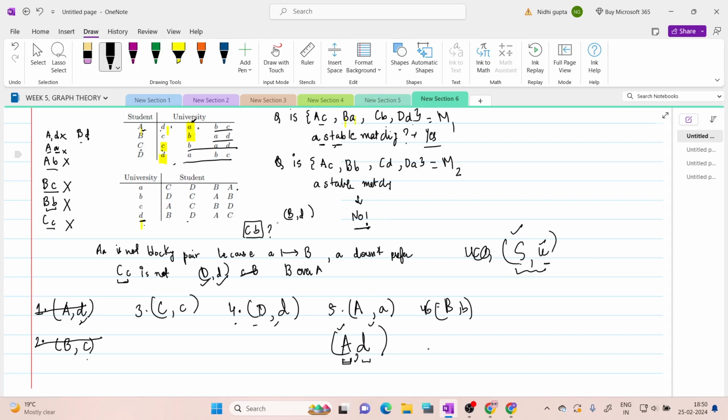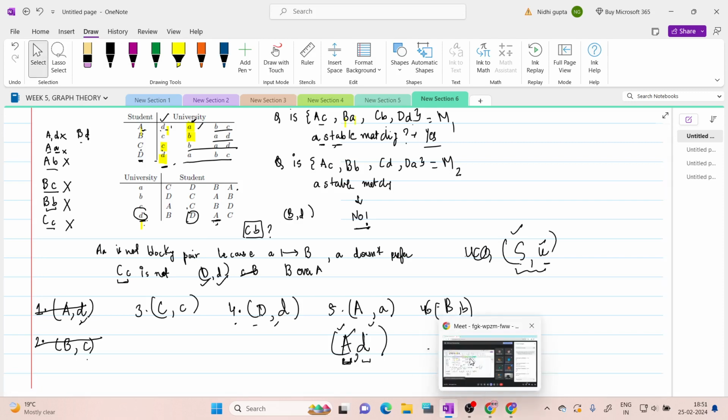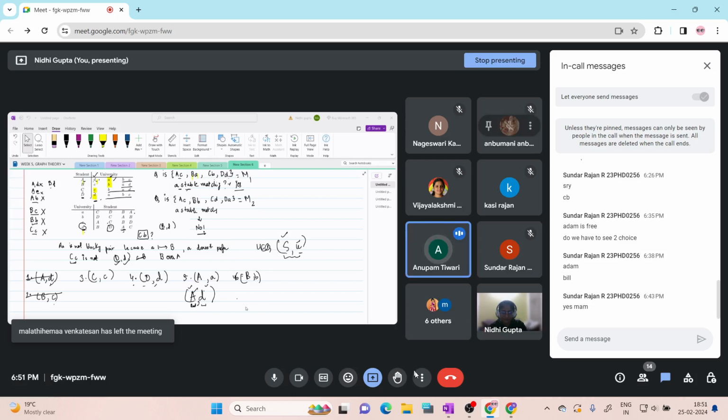A is assigned university A, so if we assign him university D, he will be happy. But what about university D? University D has been assigned student D, right? So if we assign student A to D, university D won't be better off. Therefore, it is not a blocking pair. Both should be better off. Okay, thank you.